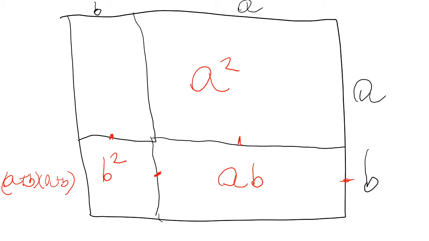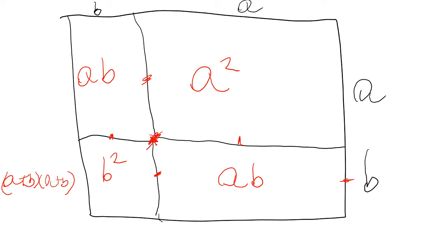Now we have a rectangle left. We have a b on top, which is right here, and we have an a on the side. So this is ab, or ba, however you want to call it. Now we notice that opposites in this part are equal, the areas of the opposites are equal.